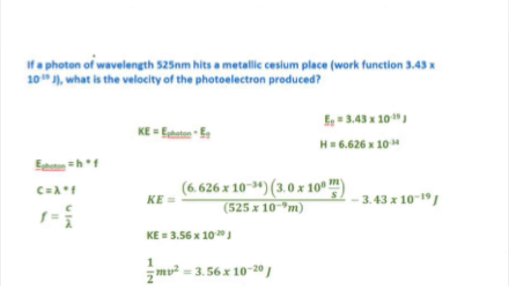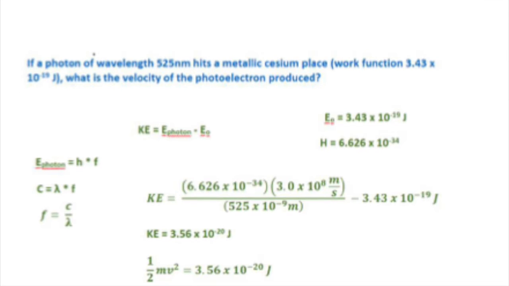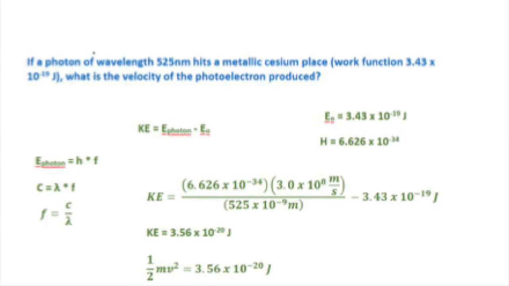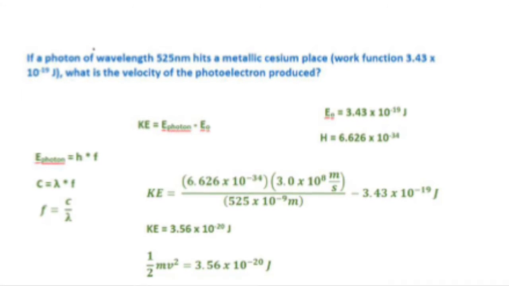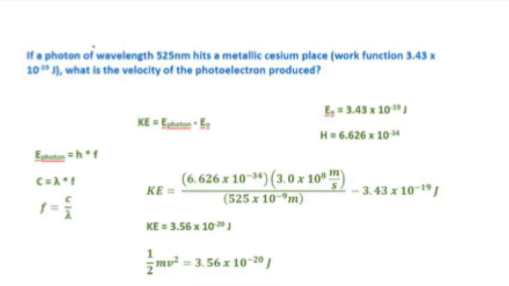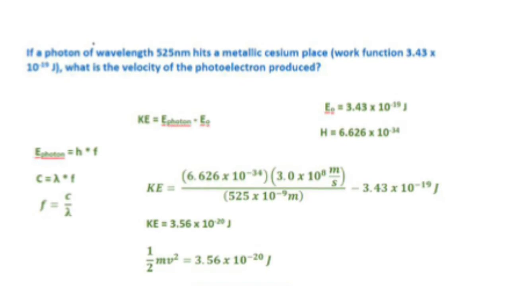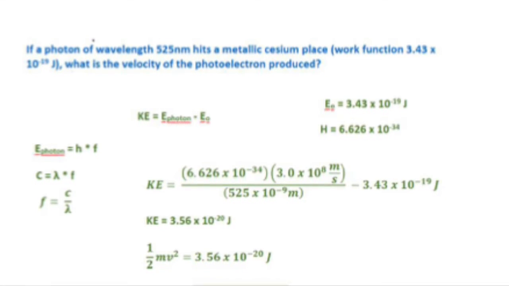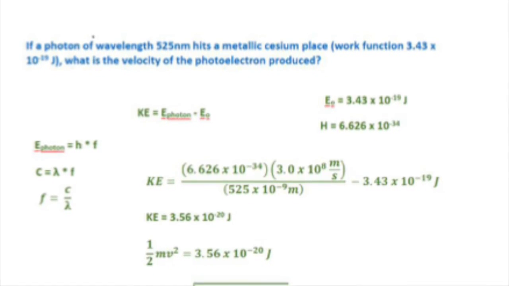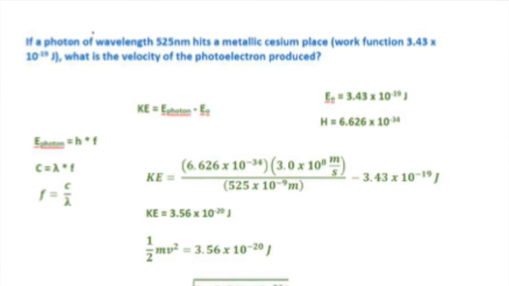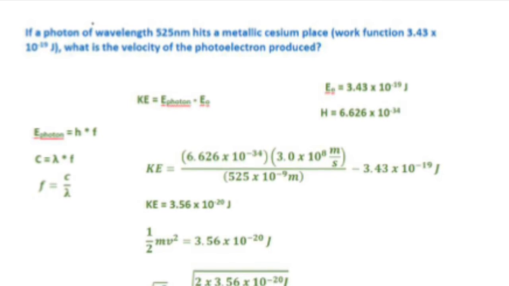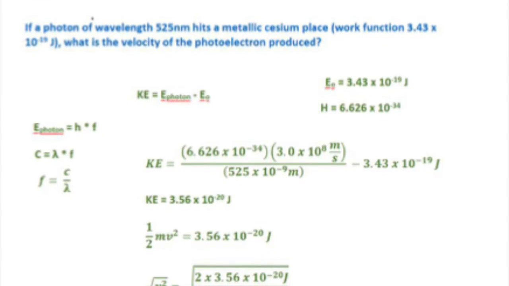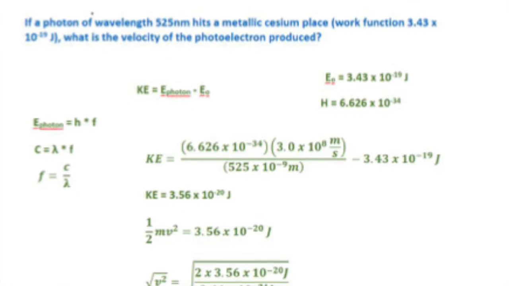Okay, so let's do a problem. If a photon of wavelength 525 nanometers hits a metallic cesium plate, which has a work function, or binding energy, of 3.43 times 10 to the negative 19 joules, what is the velocity of the photoelectron produced? So we know that the kinetic energy equals the energy of the photon minus E0, the work function, or binding energy.